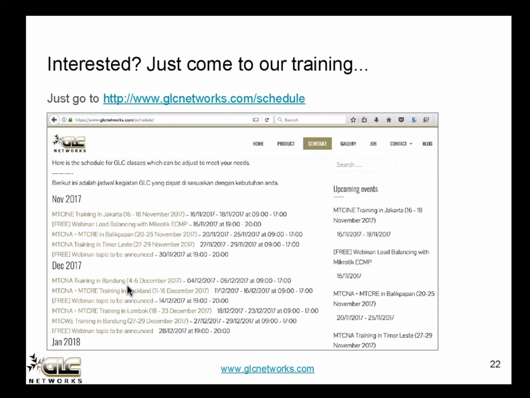But before MTCNA, Mikrotik already assumes you know the fundamentals of networking. At least you know the function of layers. What's the difference between layer 4 and 2?